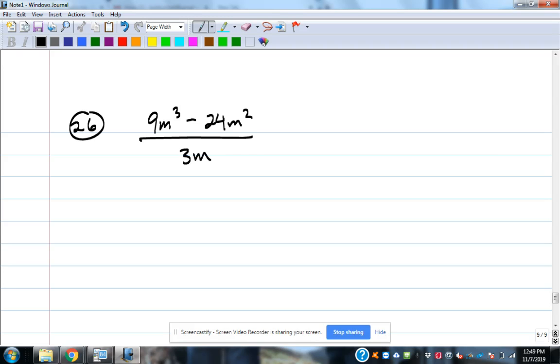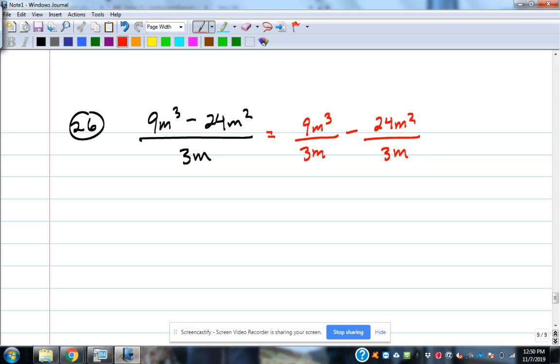It's the same idea with this. You want to split this up into two separate fractions, so that you're getting 9m to the third over 3m minus 24m squared over 3m.